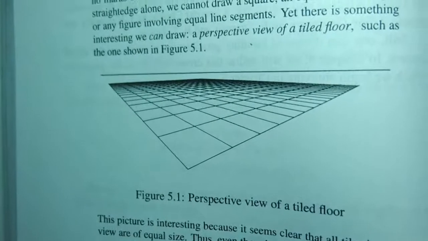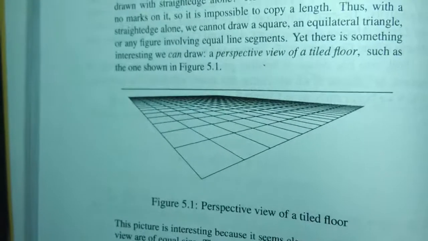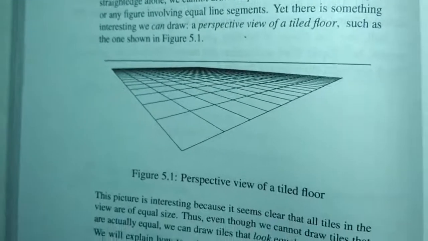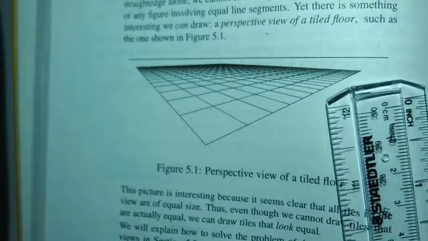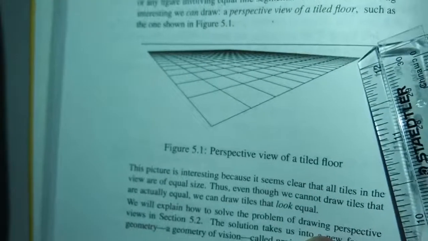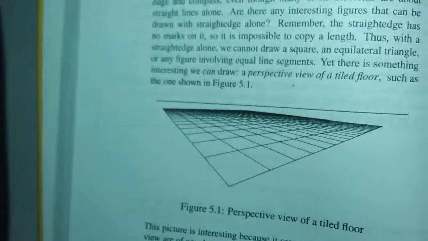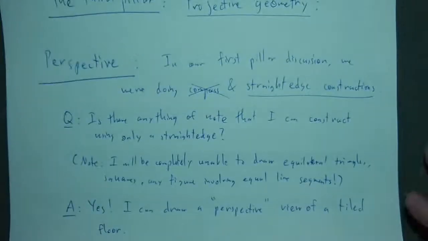That's really weird, that we have the notion of how a thing looks, not how it is. Because if we bring out our measuring stick now, so now we have a measuring stick, not just a straight edge, and I were to measure these tiles, obviously, these tiles are getting smaller as they're approaching this edge here, and yet our mind tells us that all of these look like they're the same size. Hmm. So what is going on with that picture?